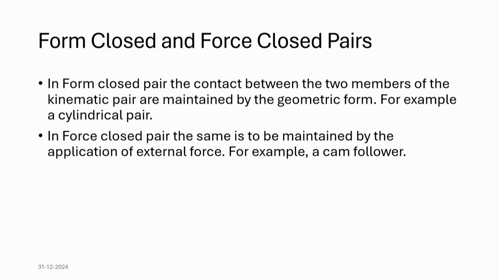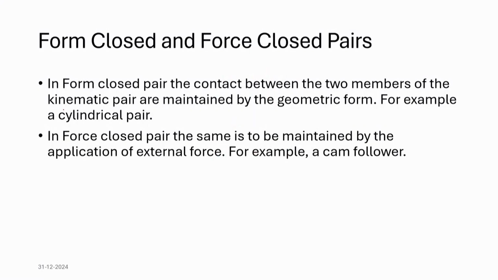There is also another way we can define mechanisms. This is in terms of form closed and force closed pairs. Now, form closed, what does it mean? It means that geometrically the 2 bodies can have the relative motion against each other without the application of any external force.